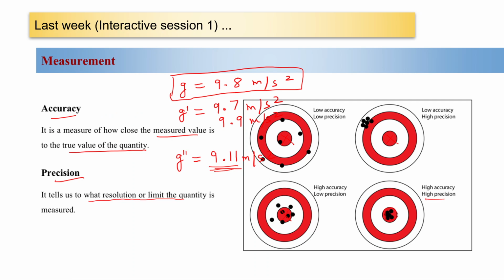Last time we had discussed accuracy and precision in any measurement. We had understood using examples what we mean when we say a measurement is more accurate or precise, or both.